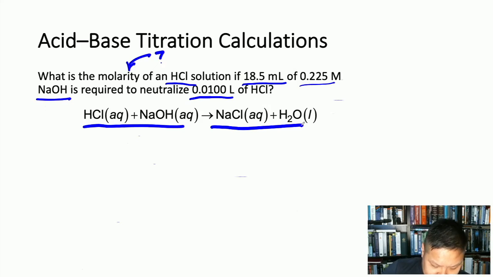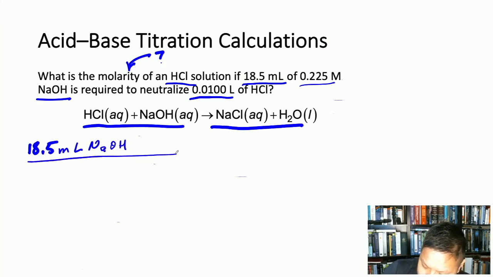Lucky us. So the easiest way to do this is to do some dimensional analysis, and you can do this with data that you gather experimentally as well. So it says I dropped 18.5 mL of sodium hydroxide. We need to convert that to liters so that we can actually do a molar calculation.